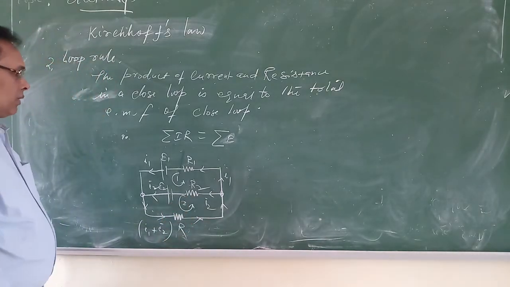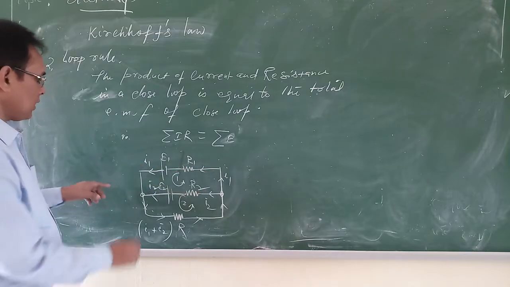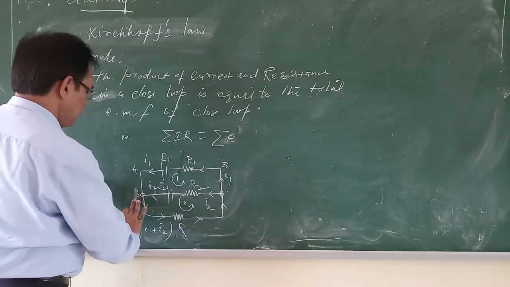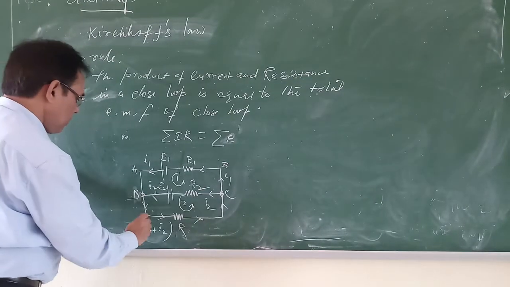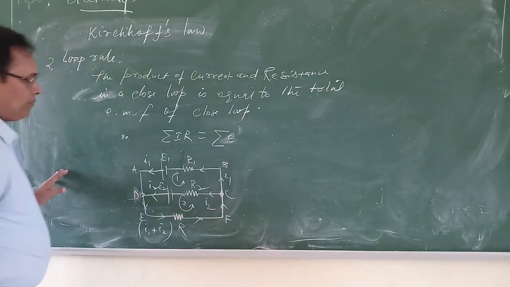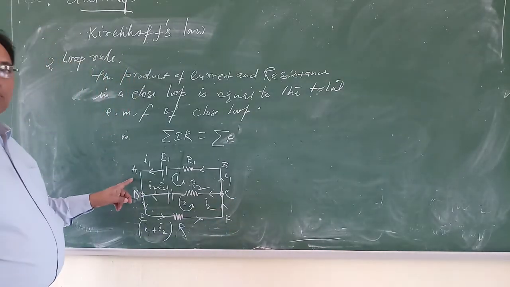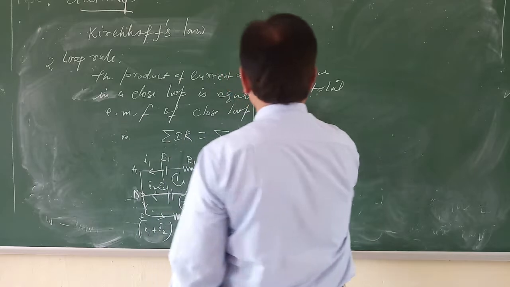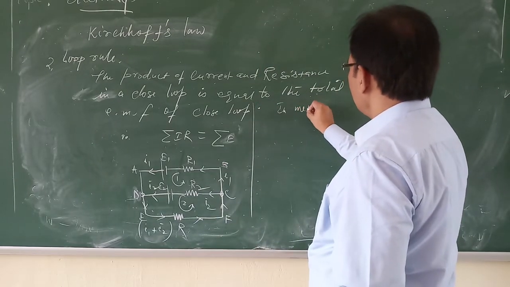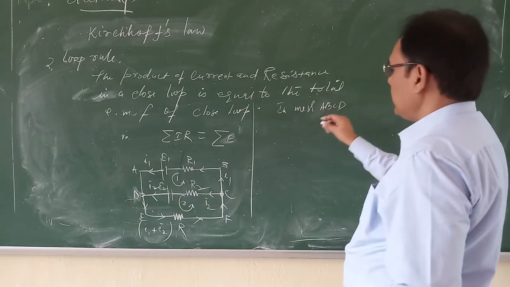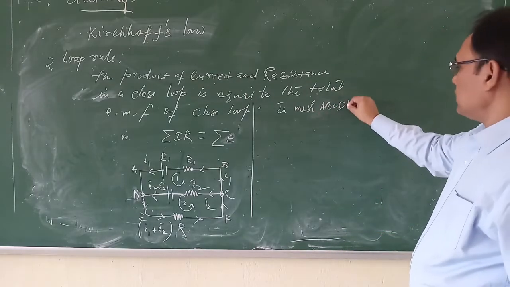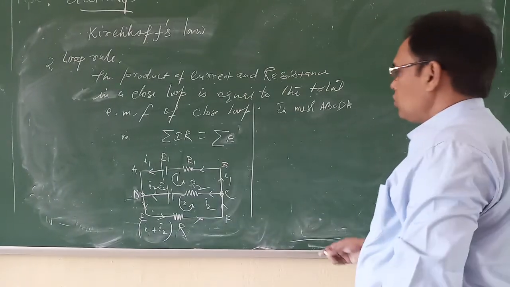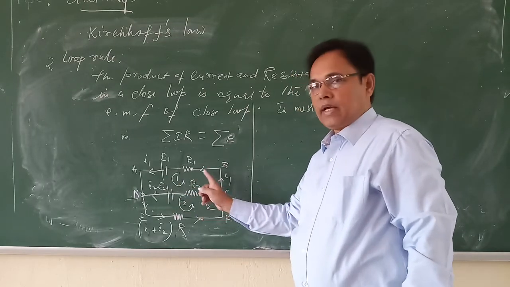Let's mark the points A, B, C, D, E, F. So the first closed circuit is A, B, C, D, in mesh A, B, C, D, A. In this closed circuit, suppose you are moving in the anti-clockwise direction.